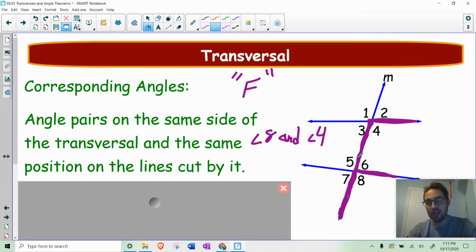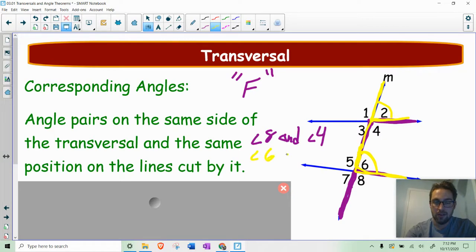We could also look at, if we wanted to, angle 6. And that would be corresponding, if we slide it that way, to angle 2. Those two angles. And yeah, that doesn't look like an F unless you completely flip everything around.